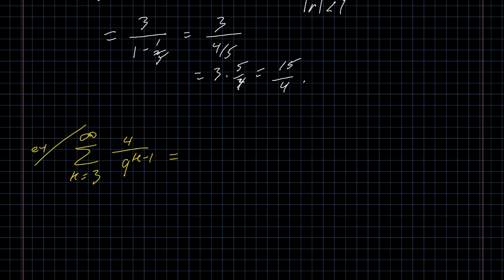I'll do the same sort of thing to rearrange it at the first place. But notice that this time we are missing a little bit. I've got a k minus 1 power here, and in the formula, when I have a k minus 1 power, I want k equals 1 down here. I don't have that. I have k equals 3.